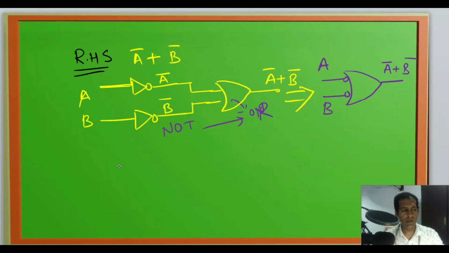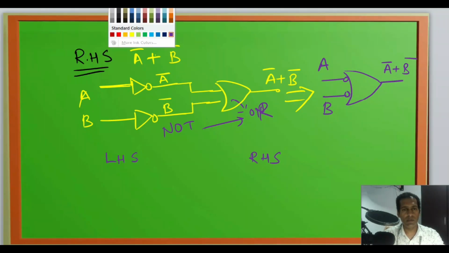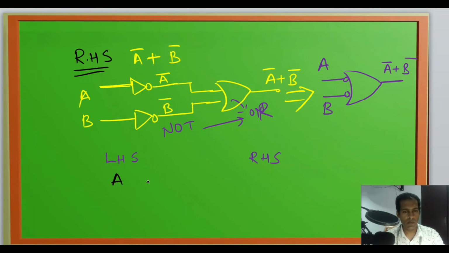Now let us compare the truth tables of LHS and RHS. First, let us note down the truth table for the LHS. We have A, B, two inputs, and the output is (AB) bar.